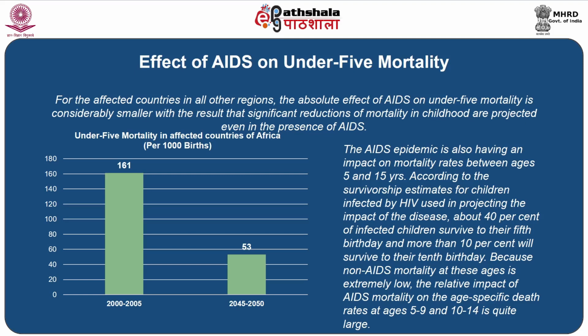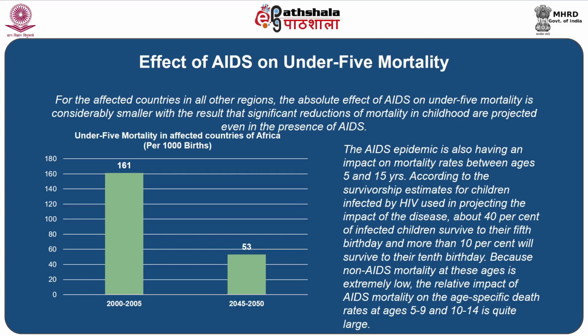For the affected countries in all other regions, the absolute effect of AIDS on under 5 mortality is considerably smaller, with the result that significant reductions of mortality in childhood are projected even in the presence of AIDS. The AIDS epidemic is also having an impact on mortality rates between ages 5 to 15 years.